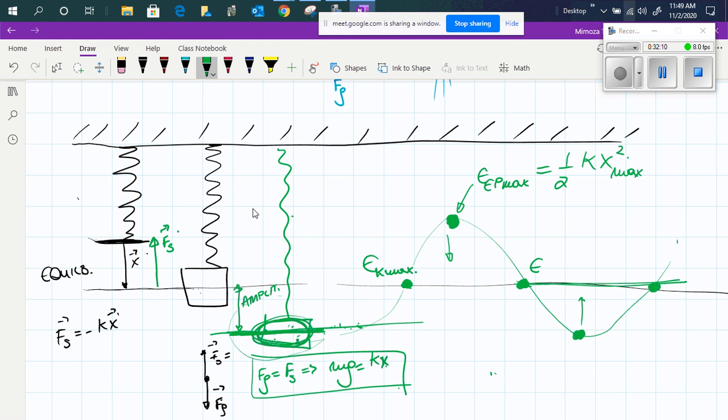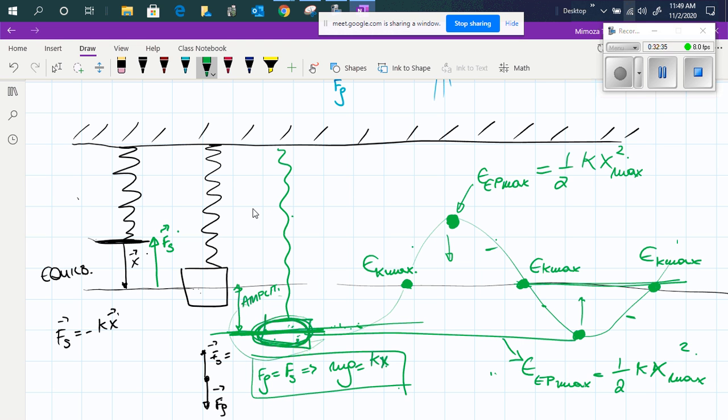And here we will have kinetic maximum, and on those two points we will have maximum elastic potential energy, which results from maximum expansion or compression. And at any point in between, we will have both kinetic and potential, which is equal to either the maximum elastic or maximum kinetic.